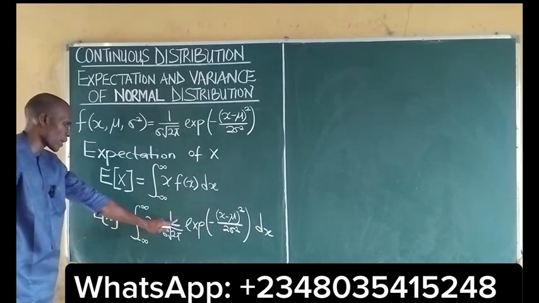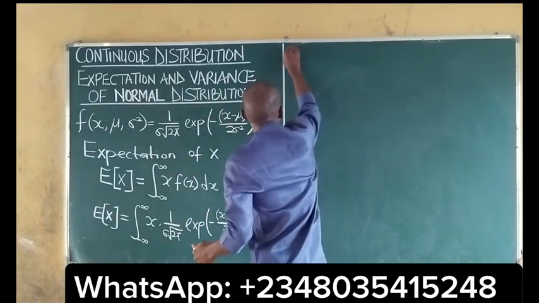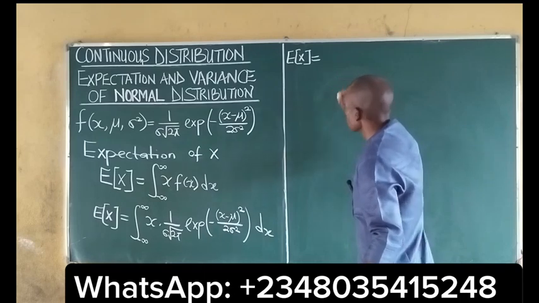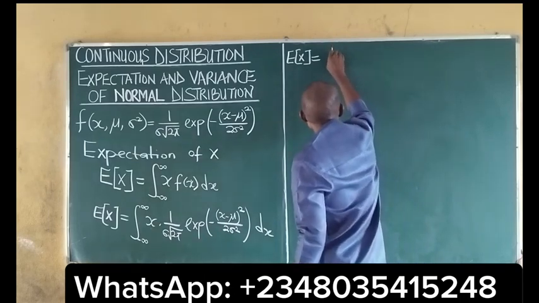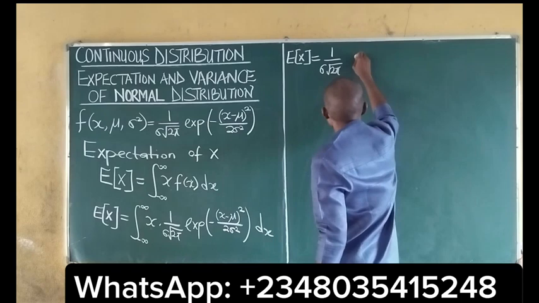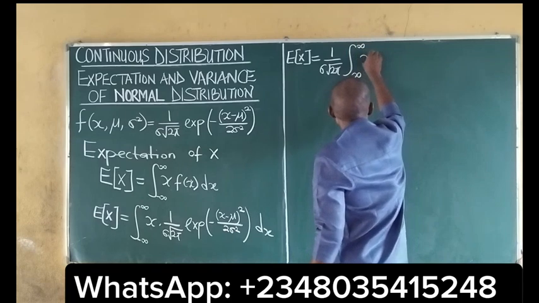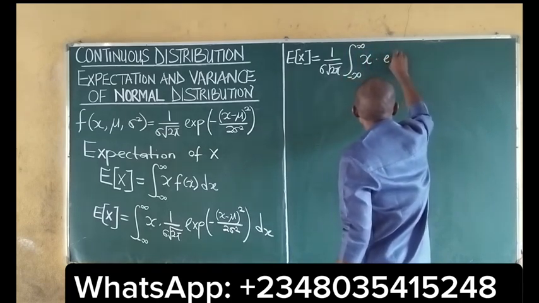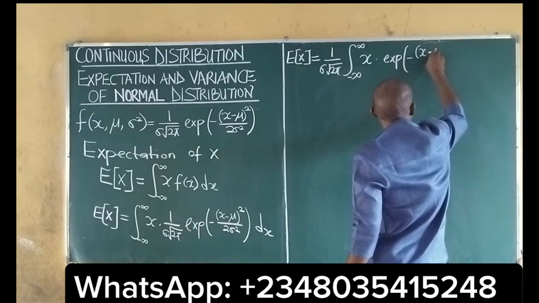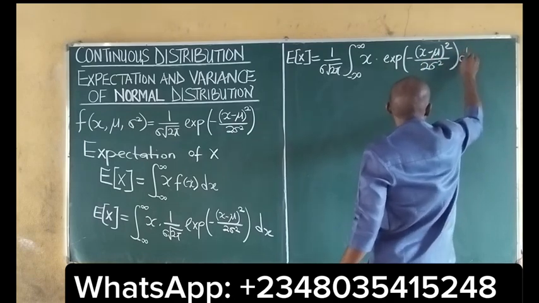We can factor this out. So factoring that out, we can write our expected value of x to be equal to 1 all over sigma square root of 2 pi, into the integral of x multiplied by exponential negative (x minus mu) raised to the power of 2 all over 2 sigma squared, dx.